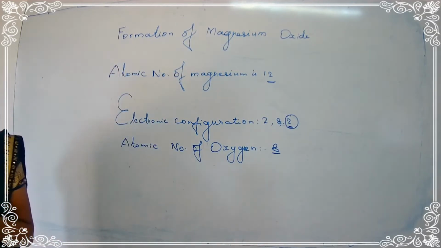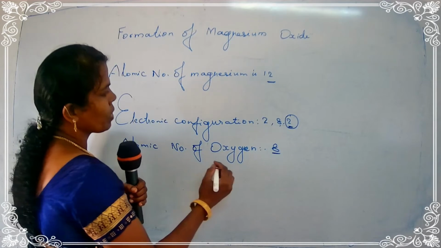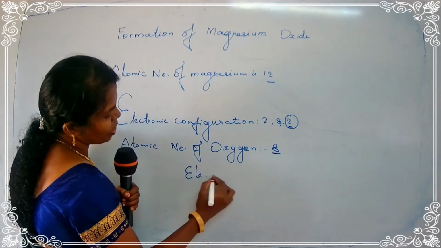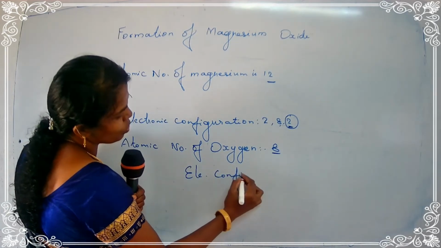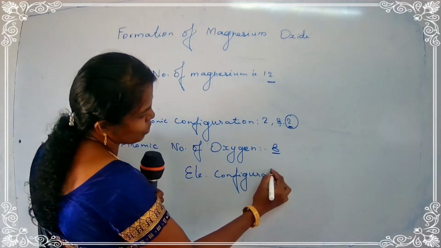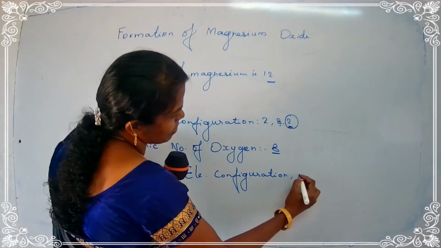Now, what is its electronic configuration? 2, 6. The K shell has 2 electrons, then the L shell has 6 electrons. So the electronic configuration is 2, 6.